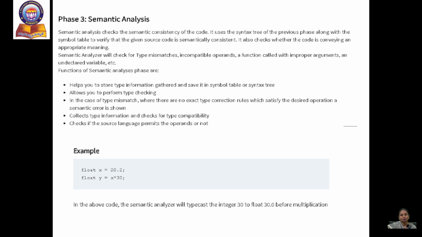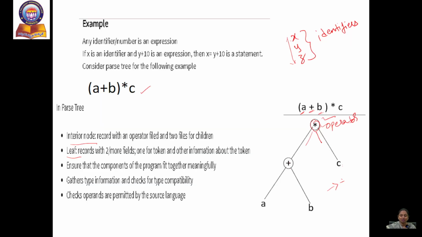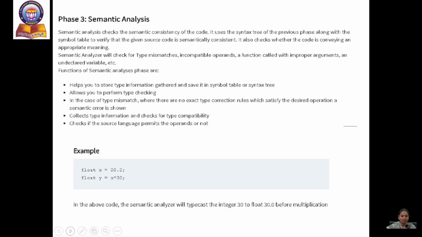Next, coming to the third phase of the compiler, that is the semantic analysis. Now this parse tree becomes the input to the next phase. Semantic analysis checks the semantic consistency of the code.